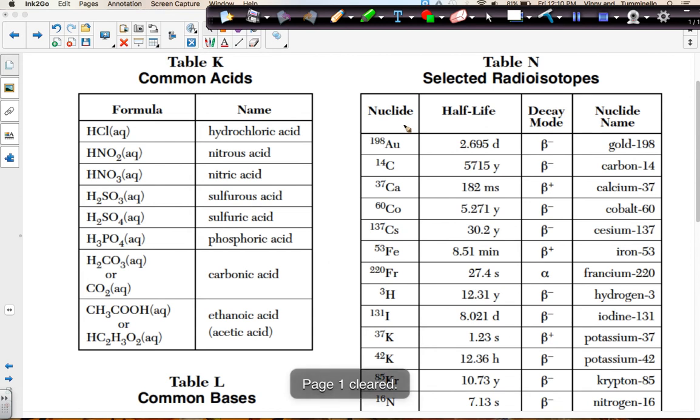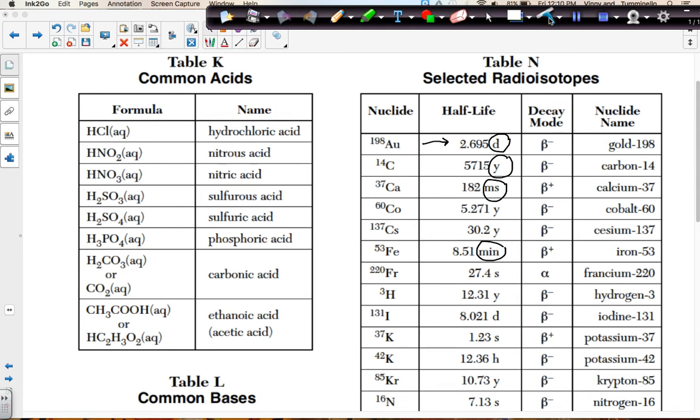For each nuclide, we can look up the length of the half-life. For example, D is days, Y is years, MS is milliseconds, MIN is minutes, and you can see that they have varying times.